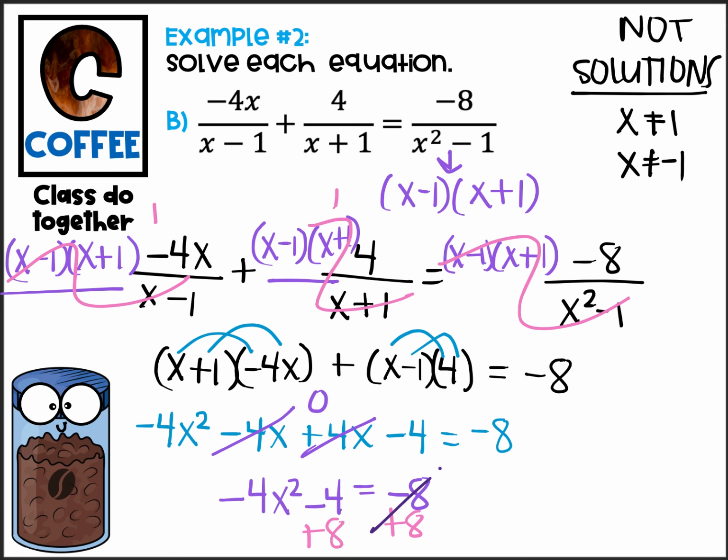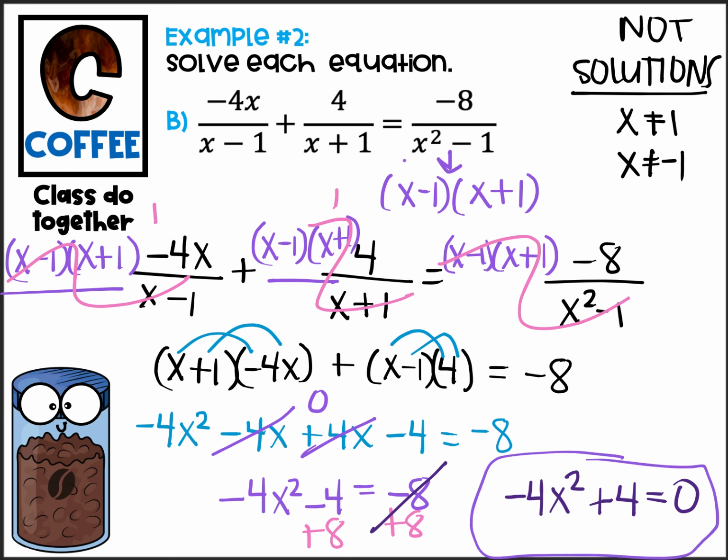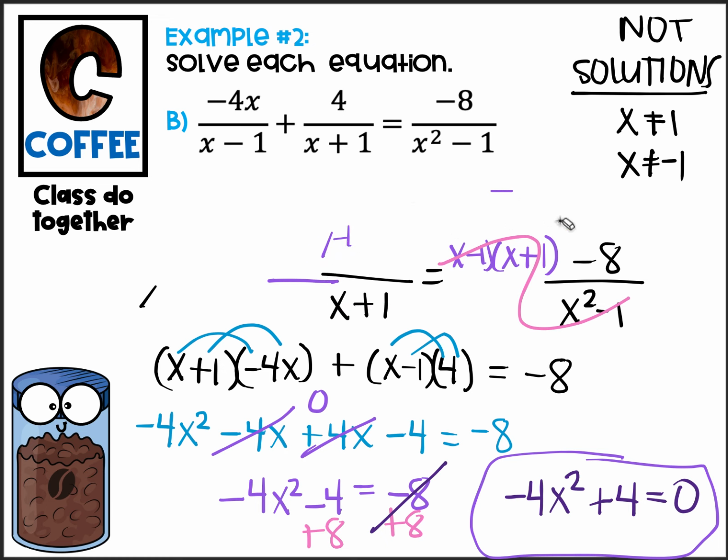And now I'll end up with negative 4x squared plus 4 equals 0. I'm going to focus on this part and I'm going to continue from here. Let me erase the rest of my work.